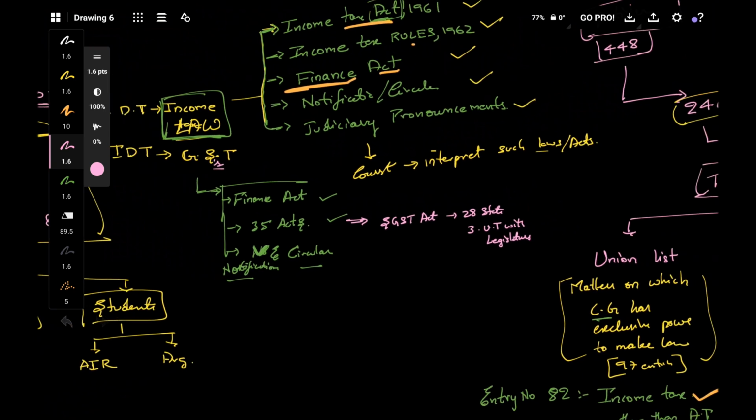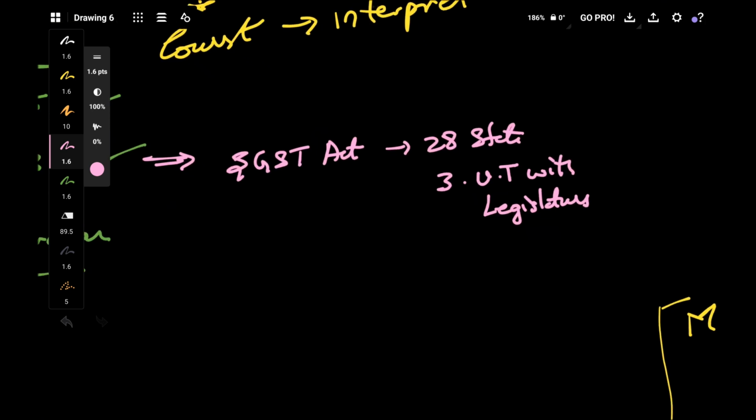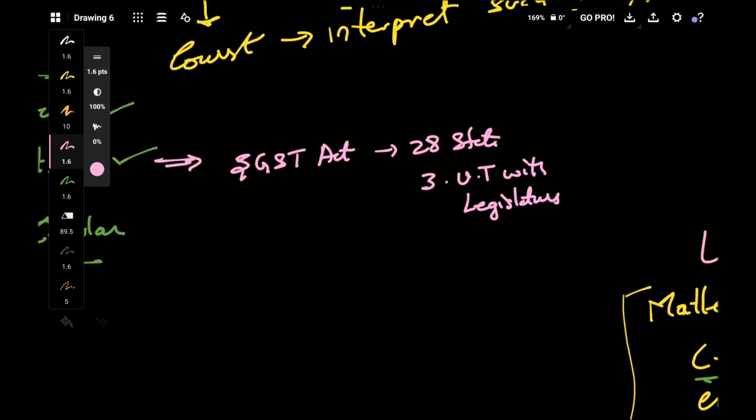Everything is getting connected here. These 3 union territories with legislature are a very important point, and we'll discuss it again. I'm just giving you a look ahead here.